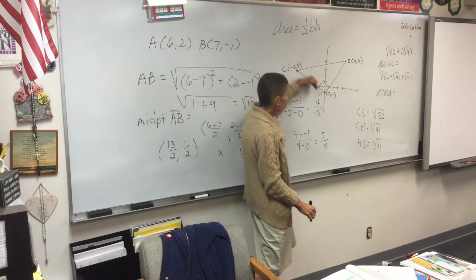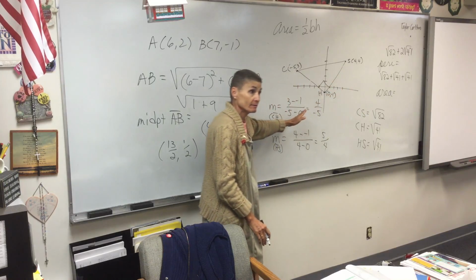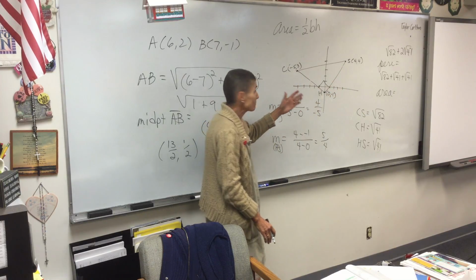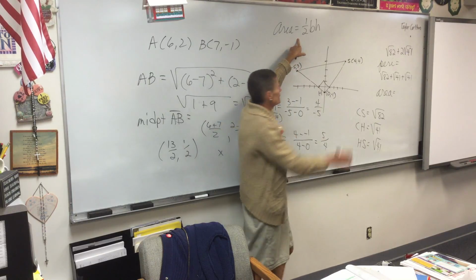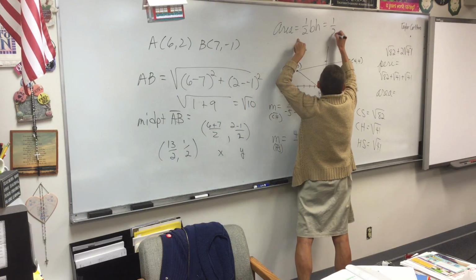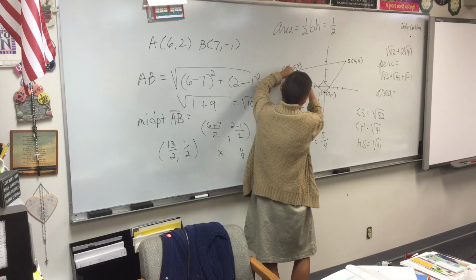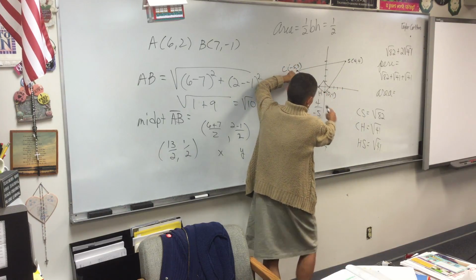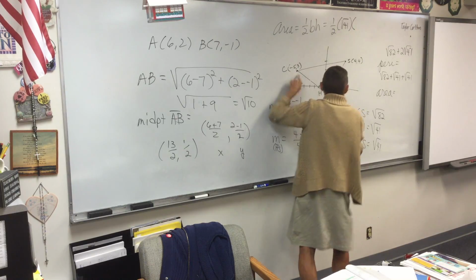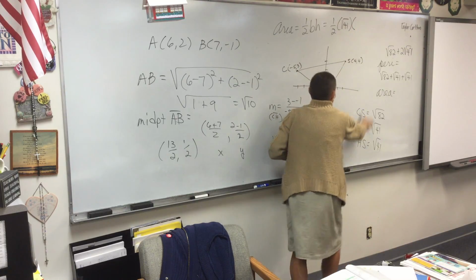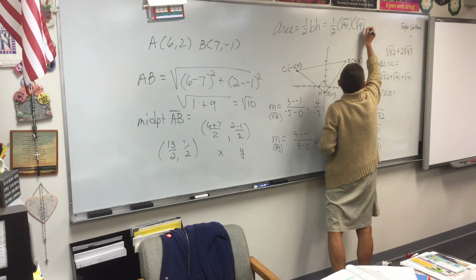So I have my base and my height. And why did I need my base and my height? Because I'm supposed to be finding the area. The area will be 1/2 my base, which is root 41, times my height, which is also root 41.